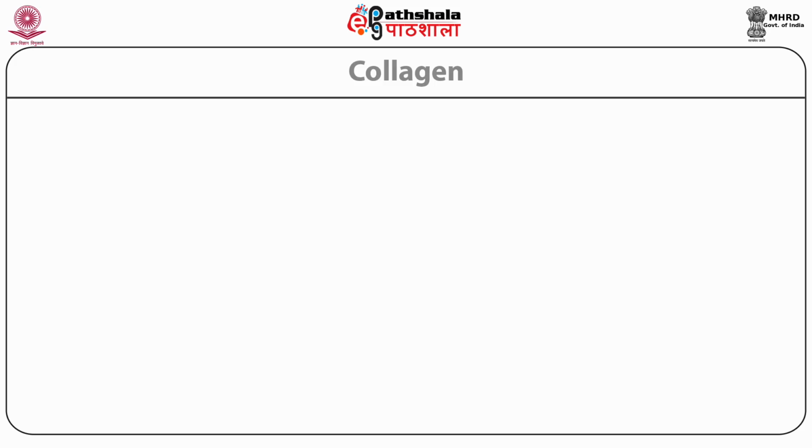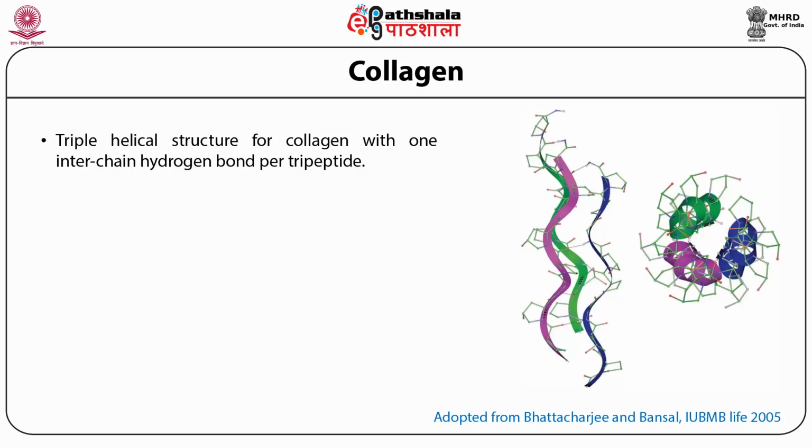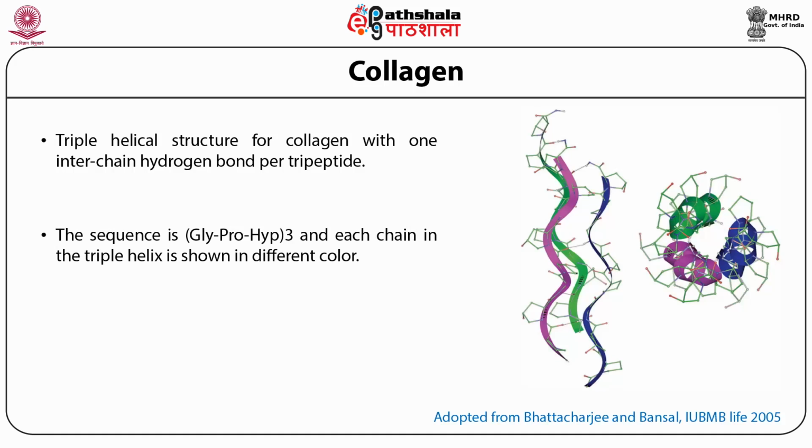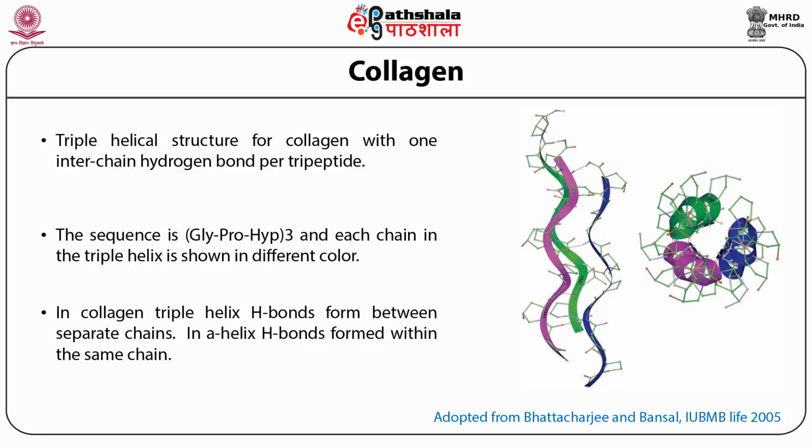For every three amino acids, there is one interchain hydrogen bond. There are three chains, so there will be three hydrogen bonds between the three chains. The sequence is glycine, proline, hydroxyproline, whose crystal structure has been determined, shown here in three different colors. In the triple helix, hydrogen bonds are formed between separate chains.